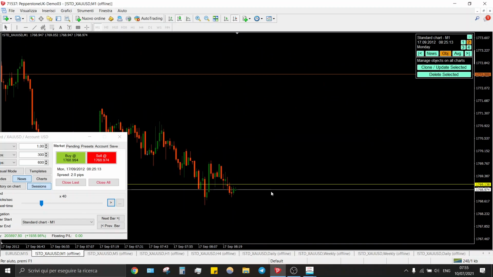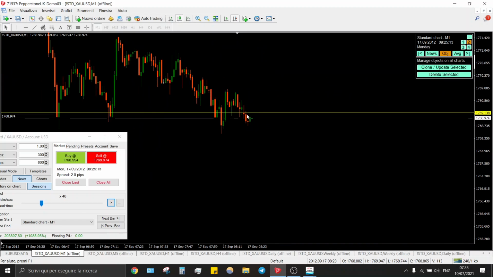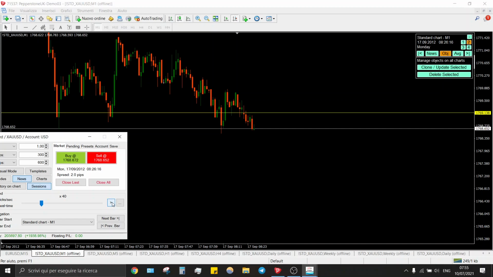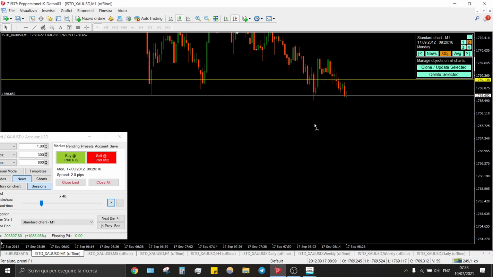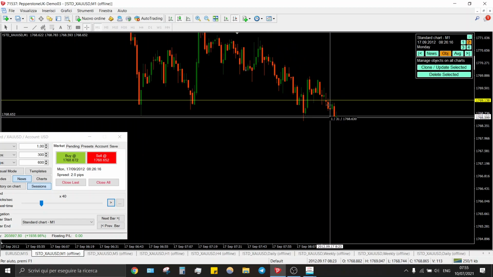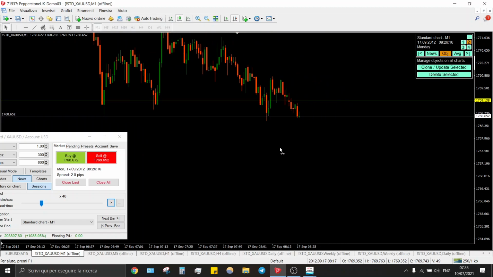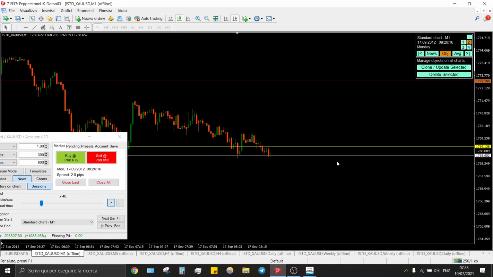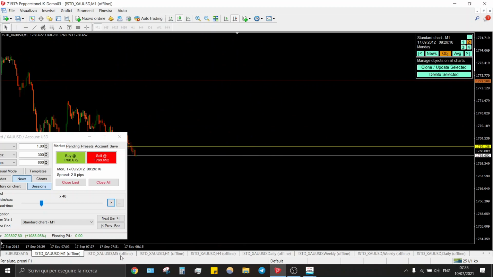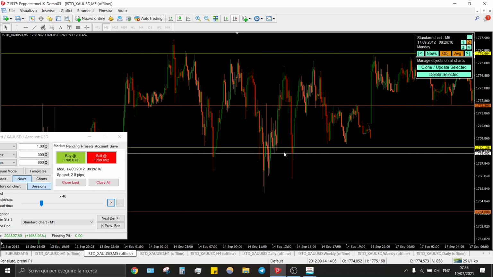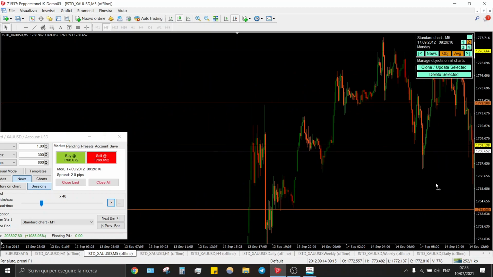I'm not seeing too much of impulsive and aggressive candles. This one is a good one. We are still 13 pips down. But remember all the choppy action we had on the left.